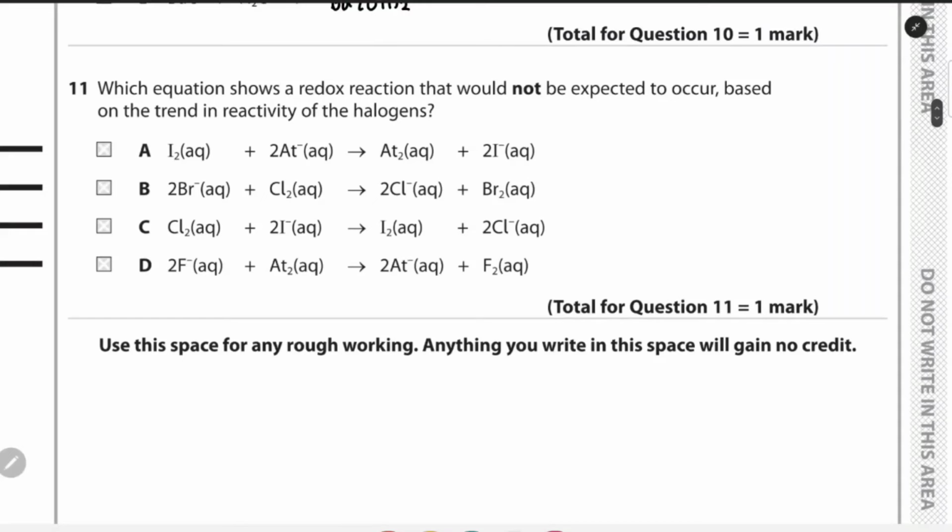Now in question 11 we have to find which equation shows a redox reaction that would not be expected to occur based on the trend in reactivity of the halogens. As we go down group 7, its reactivity decreases.